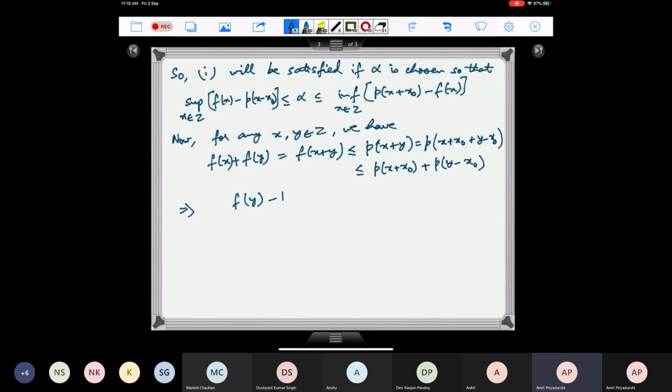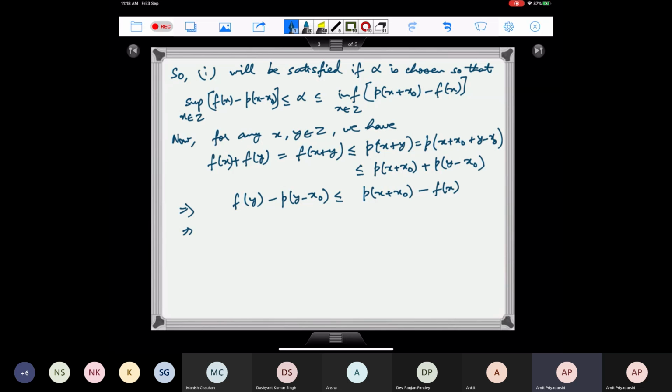So this implies, if we look at f of y minus p of y minus x naught, this is less than or equal to p of x plus x naught minus f of x. This is true for every x and y in Z. So therefore, by taking the infimum of the right hand side and supremum of the left hand side, we'll get this.